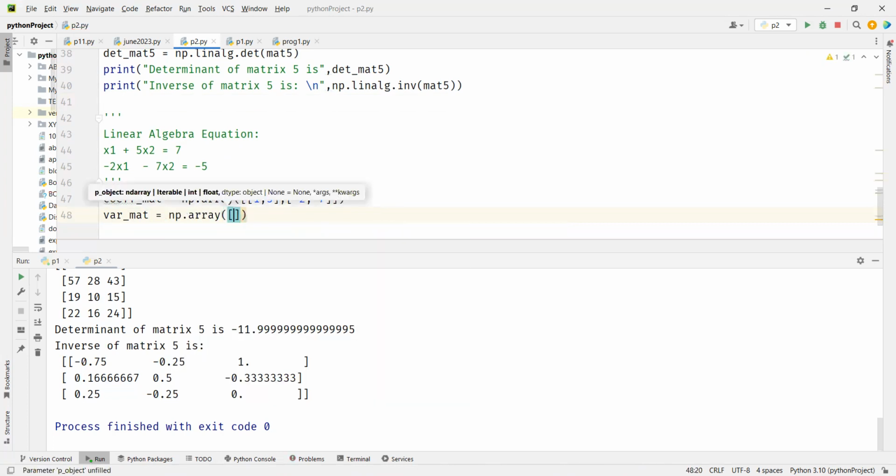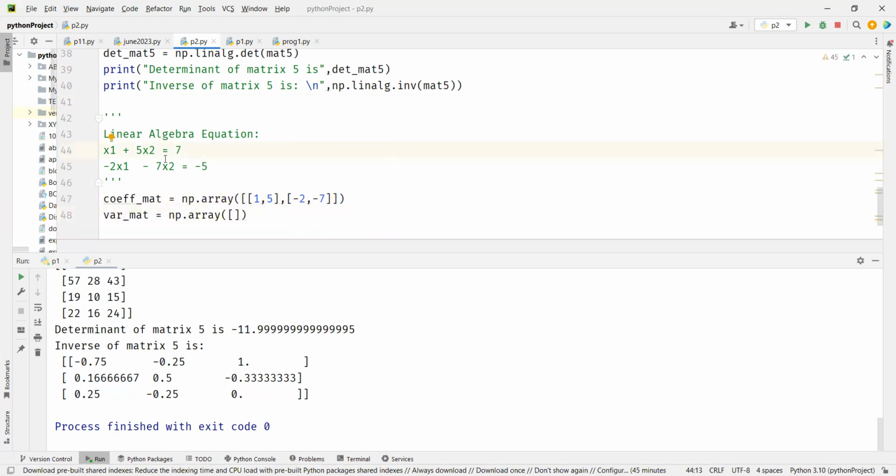Here you have x1 in the first row and x2 in the second row. This is how the real matrix will look. But since we don't know the x1, x2 values, this cannot be converted into a matrix. So we will comment it out for now.